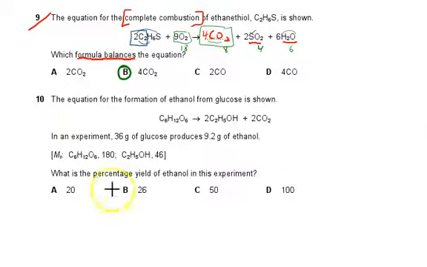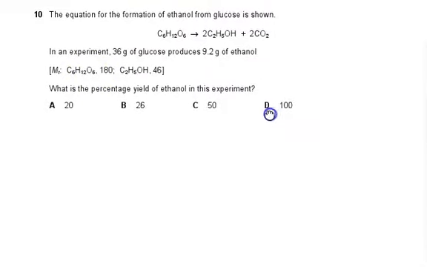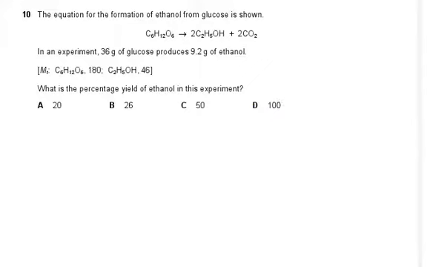Okay, this one requires some calculation, so I just mark it here. Number 10, the equation for the formation of ethanol from glucose is shown below. 36 gram of glucose produces 9.2 gram of ethanol. Find the percentage yield of ethanol in this experiment.